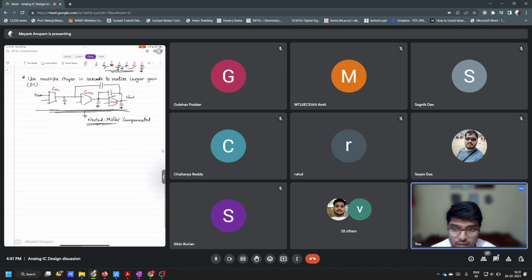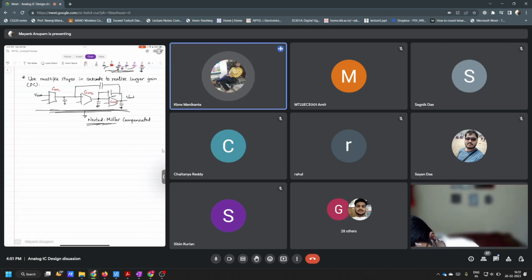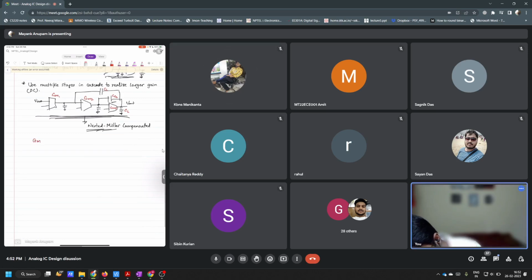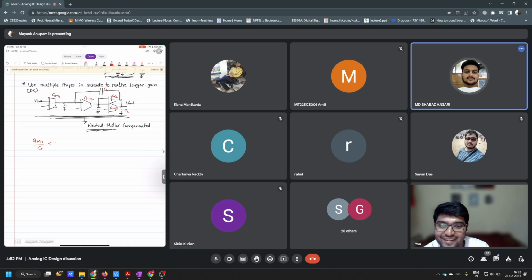What should we do here? GM1 by CC should be greater than GM2 by CC2, greater than GM3 by CL, maybe. So GM1 by CC has to be... no, it should be less than. Yeah, GM1 by CC should be less than GM2.